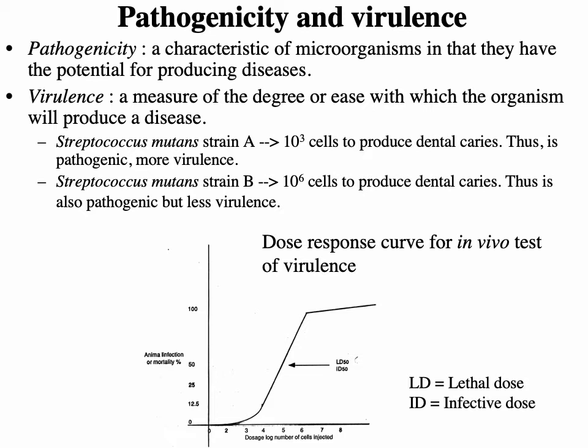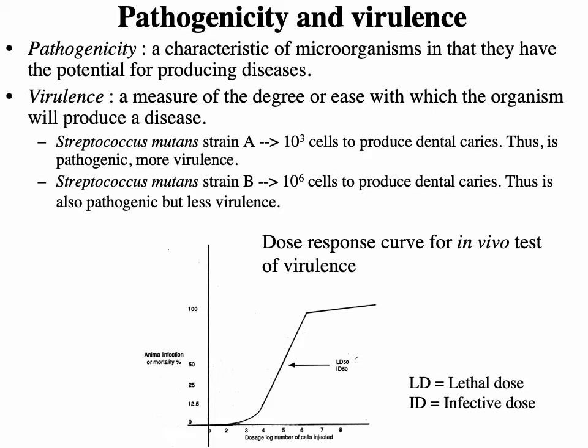My lab did that many years ago. You take the Streptococcus mutans and give them to the rats, and they will colonize the teeth of the animal, and then over some time it will cause dental caries.